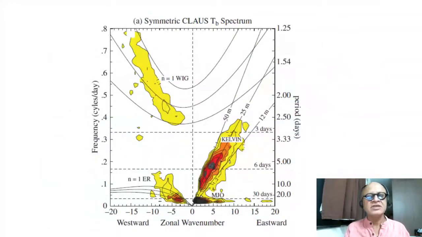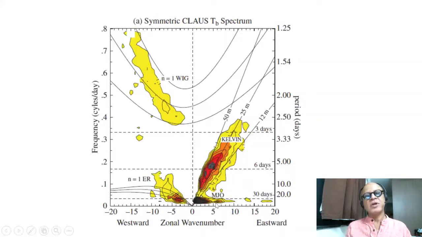To look at the frequency wavenumber of the MJOs, we used the satellite cloud top temperature spectrum and looked at the westward propagating inertial gravity waves, equatorial Rossby waves, long ones, Kelvin waves at various equivalent depths, and then we noted that the MJO actually sits down here, with much slower propagation and frequency, at 30 to 60 days, low frequency compared to these.